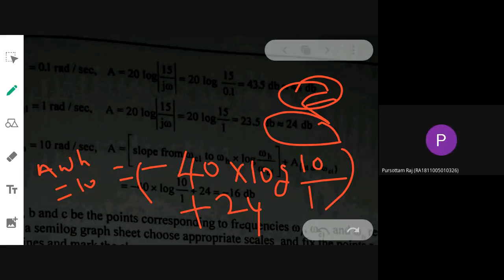Have you got minus 16 as the answer? Yes, minus 16 is the answer. So you have got 3 points: at 0.1, at 1 and at 10. The answers are 44, 24 and minus 16.